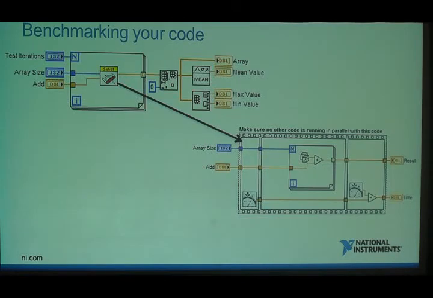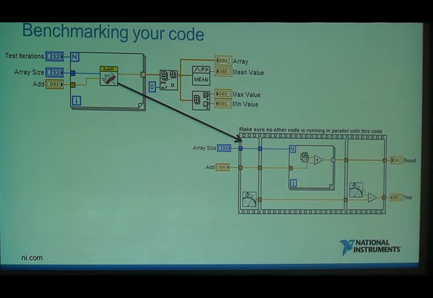So here's the overall setup that we recommend using. Drop down a for loop, put your sub-VI in it, and that sub-VI is going to contain the code you want to benchmark. That sub-VI is our flat sequence structure with our high resolution relative time, and then the code in the center. Everything is fed with controls rather than constants as you feed them in through the for loop.